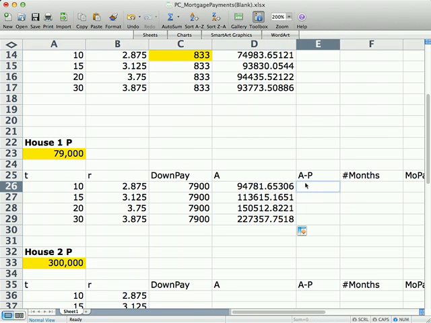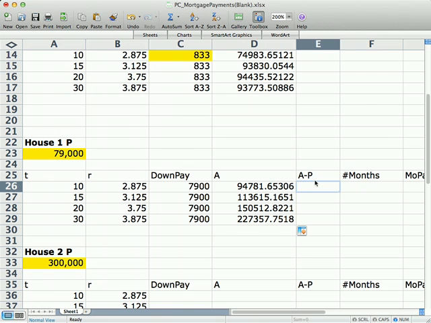And then let's see. So then what I calculated here, actually, I think I want to, should I have this include the down payment on it? It doesn't matter. Well, no, because it won't affect our monthly payments. Yeah.